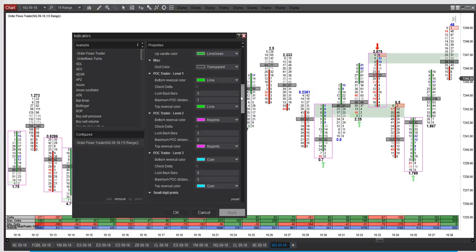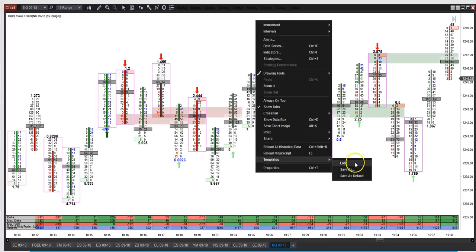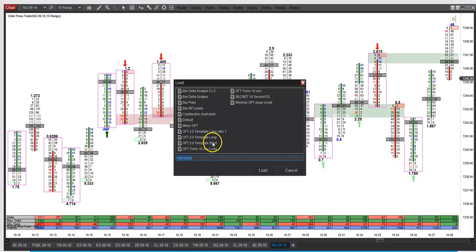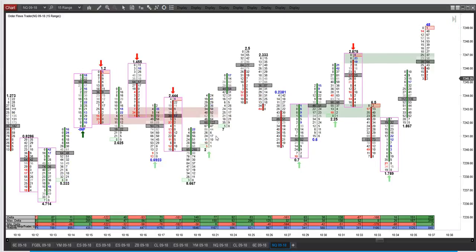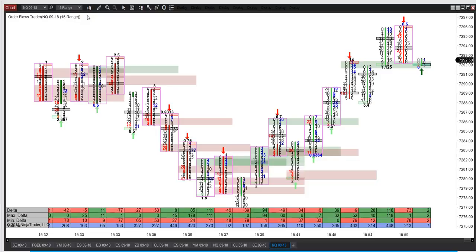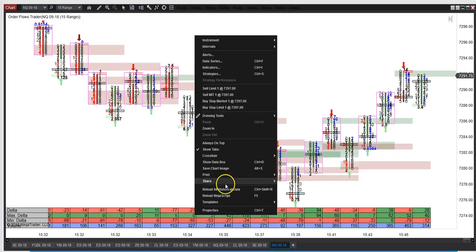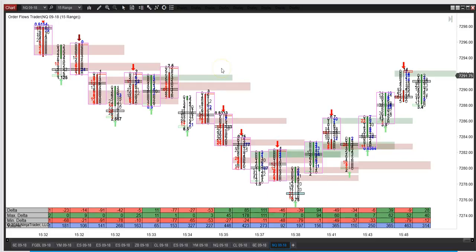Okay, I got the wrong template loaded, but my simple template here, OFT long template. Let me just pull it up here. So this is a Nasdaq 15 range chart, and what you're going to do is, I don't know if I really want to see all those imbalances.